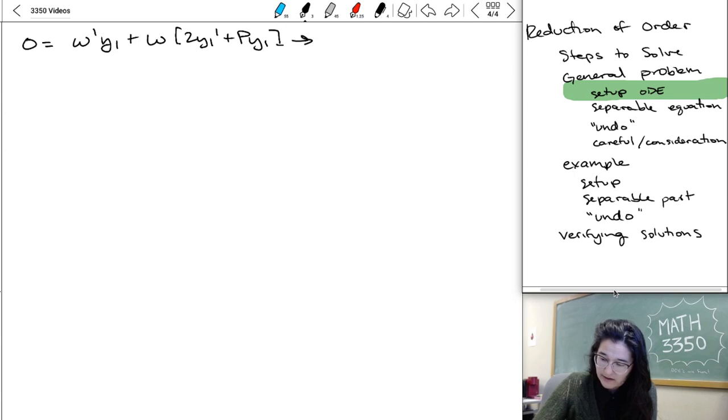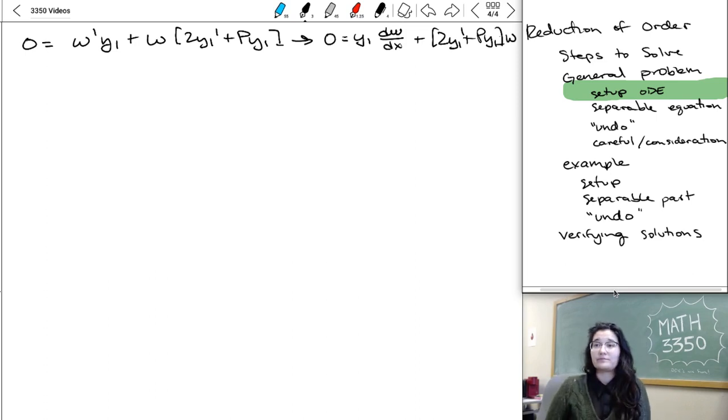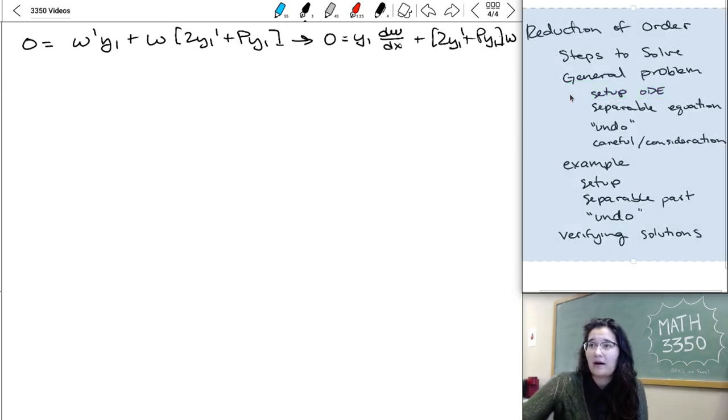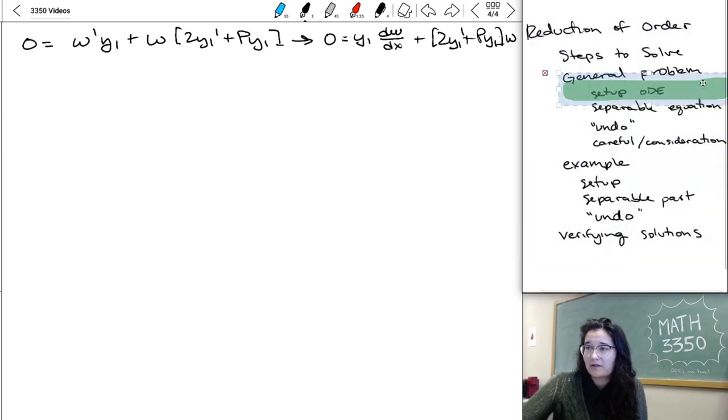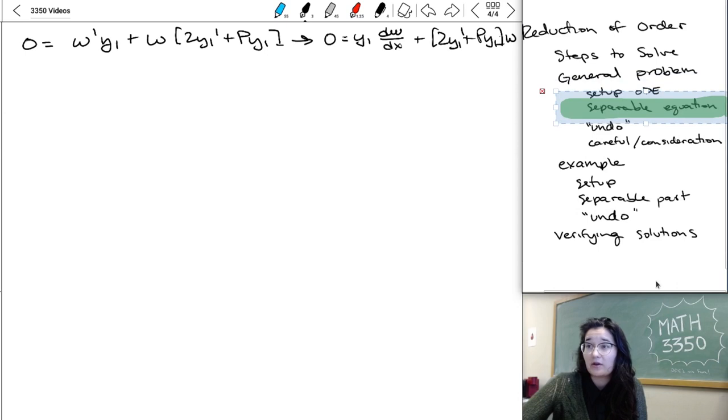We can start writing it in a way that makes that a bit more clear. y1 dw dx plus 2y1 prime plus py1 w. And hopefully you're starting to see that since I'm not really sure what p and y are, of my first order methods, I'm feeling pretty good about separable compared to linear.